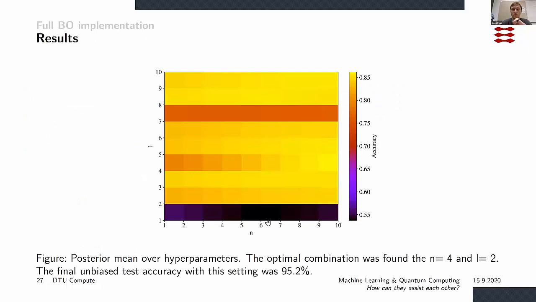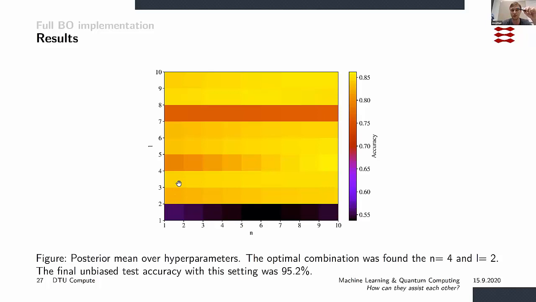So I want to show you the results. This is the posterior mean over the hyperparameters. Again, I defined this search grid from 1 to 10 on each hyperparameter. And then I let the Bayesian optimization scheme ask and train 15 times.